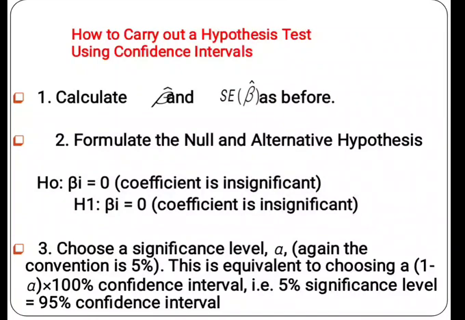This insignificant connection between the two variables means that beta 1 is equal to 0. Beta 1 equal to 0 means that x doesn't impact y, that x is unable to affect y. There is no statistically significant relationship between x and y.